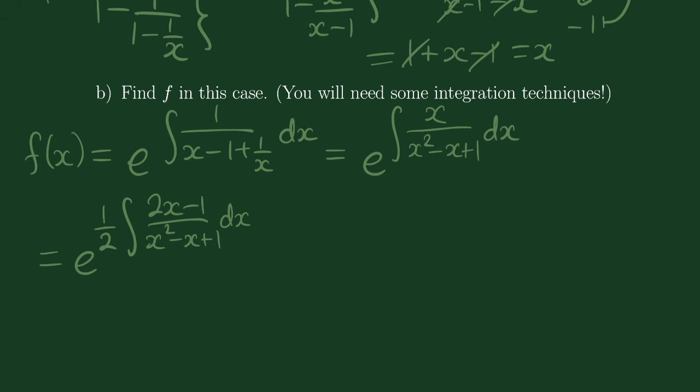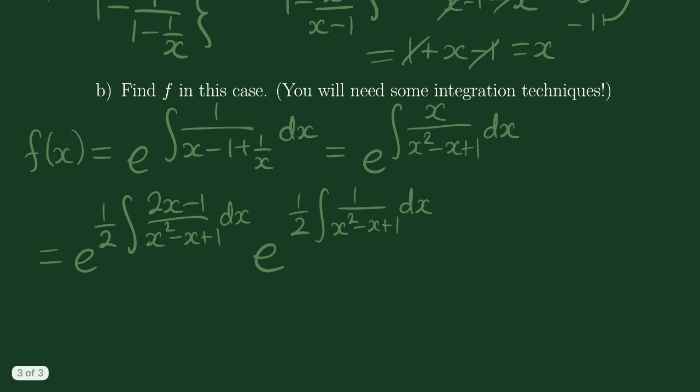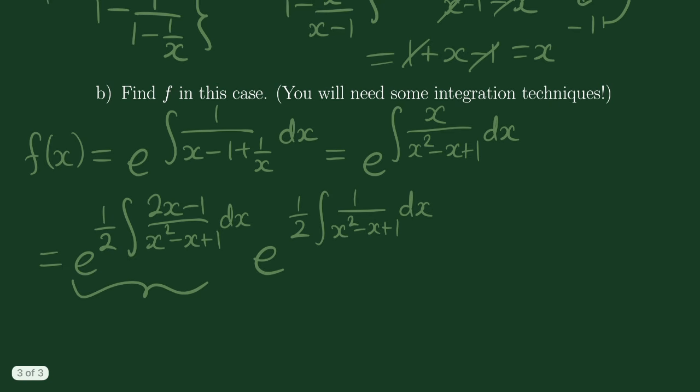Now to make up for that, we need to add on the bit that we subtracted. And because we're adding inside the exponential, we can turn that into a multiplication. In the first term, we will get log of x squared minus x plus 1. Because of the half, we can do the same trick as before, and this ends up being a square root.